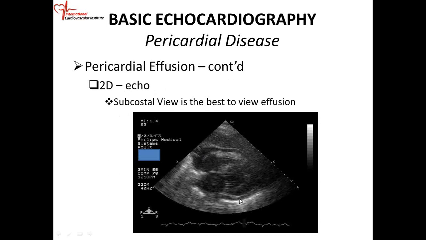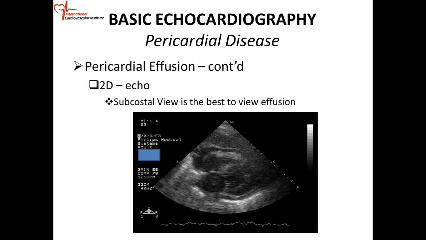This darkened area is the pericardial fluid, and it's all around. You can have a loculated pericardial effusion where it's just located in one area, and even though it's loculated, the patient can still have tamponade. So you have to bear that in mind.